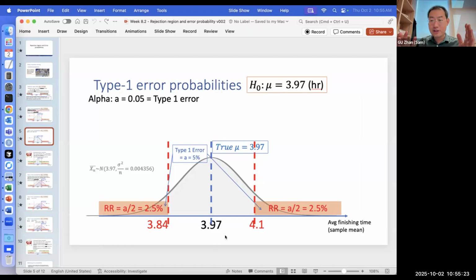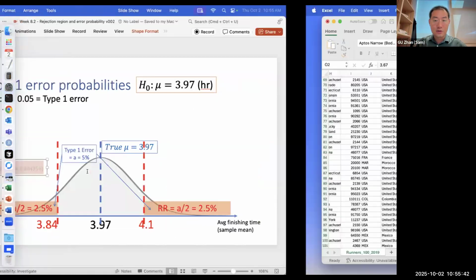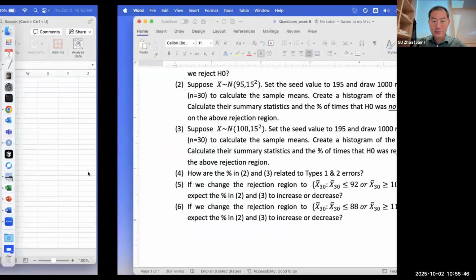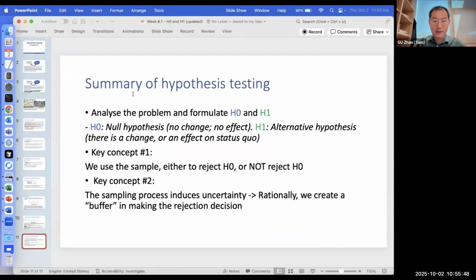So I want to achieve a confidence of 95%, then you will calculate that the confidence interval will be 3.84 to 4.1. How do you calculate this? You use this formula. So we do a quick calculation. Where is my R? Let me try to find my R. Okay, R is here.